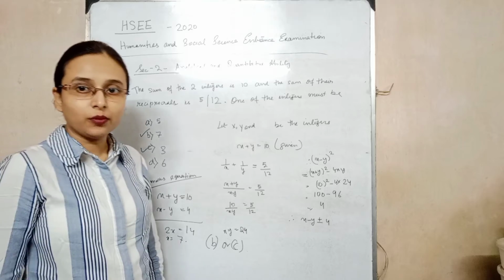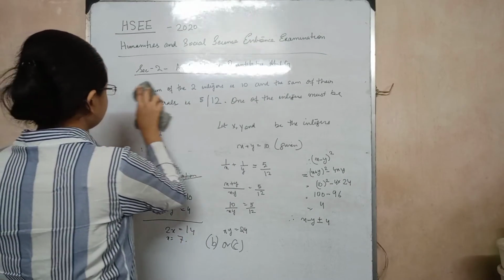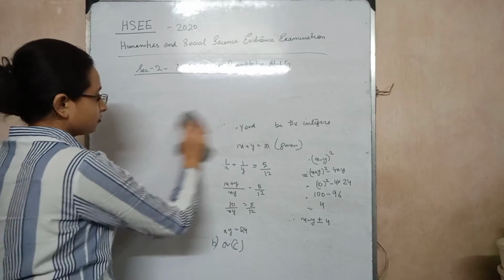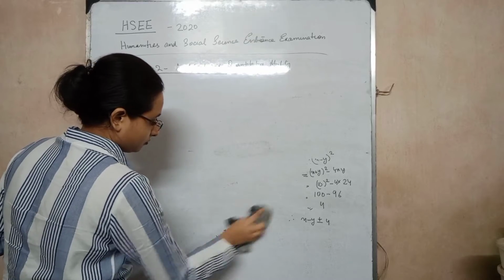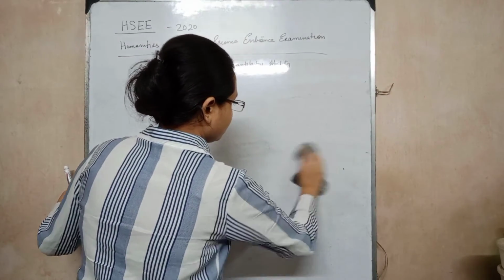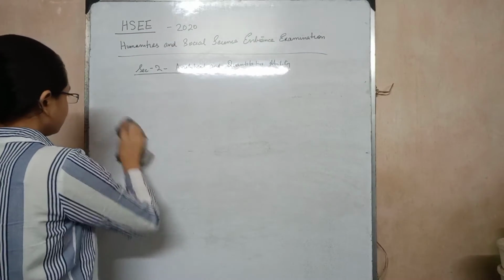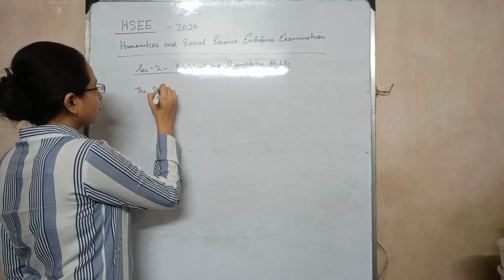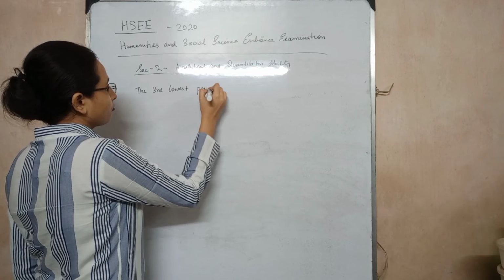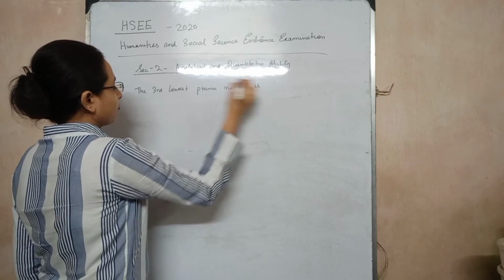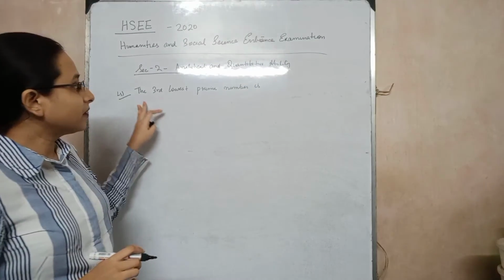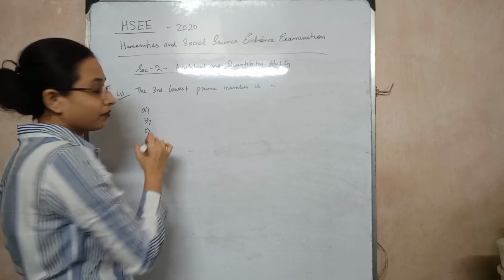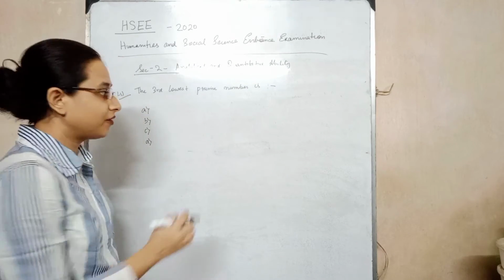Moving on to the next question, number 41. Question 41 is, the third lowest prime number is... The options given here are 7, 3, 5 and 11.